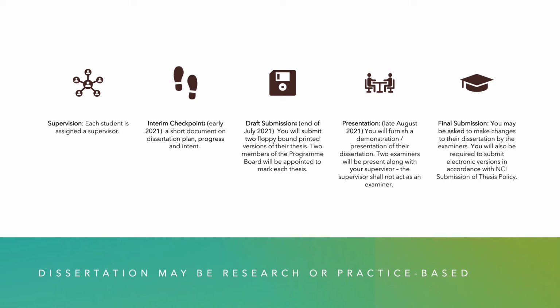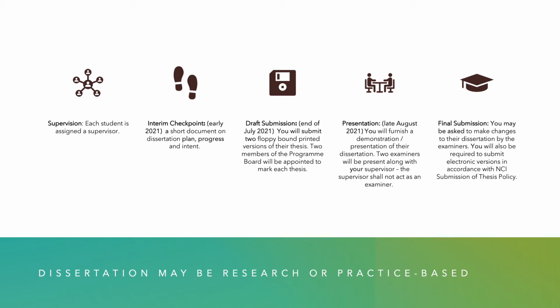So if you're thinking, when do I need to have decided on my research question? Well, there's the answer. You need to be able to present it at the interim checkpoint in early 2021. And between now and that point, you can make changes, you can revise, you can rethink what your approach is in relation to your research question.